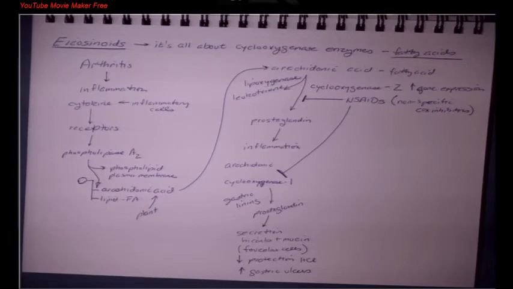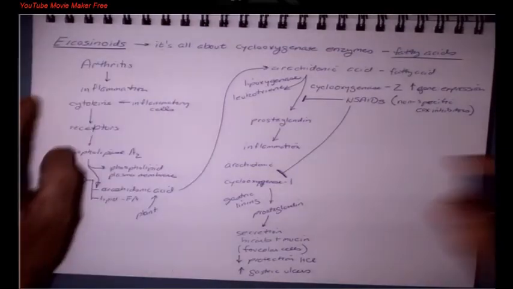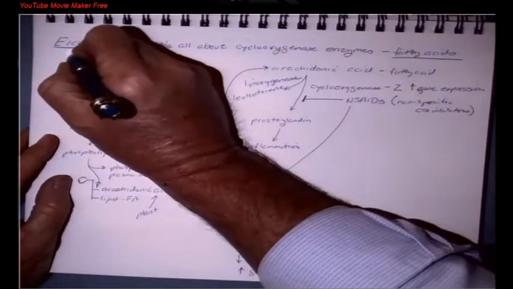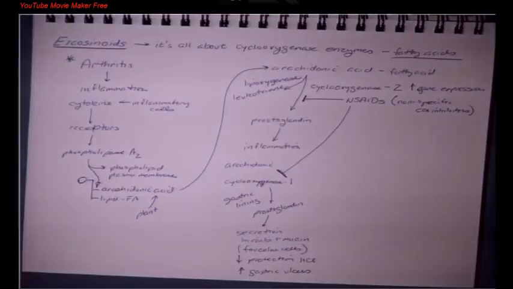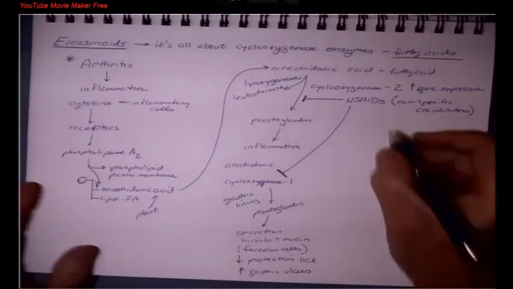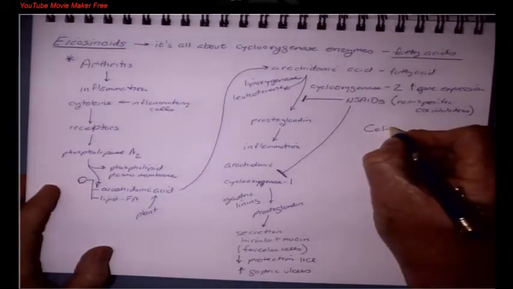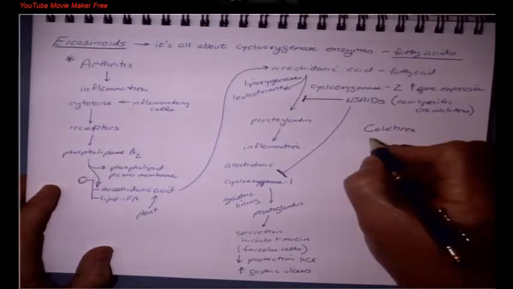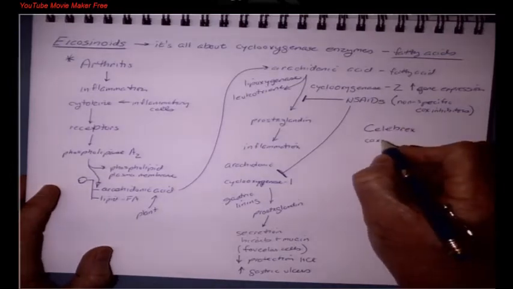Now, how do we fix this? Because we still have this problem with this arthritic patient. There's a lot of them out there. The population's growing with the boomers getting older, so you have to address this. Give Celebrex because it's COX-2 only. Celebrex is a COX-2 inhibitor.